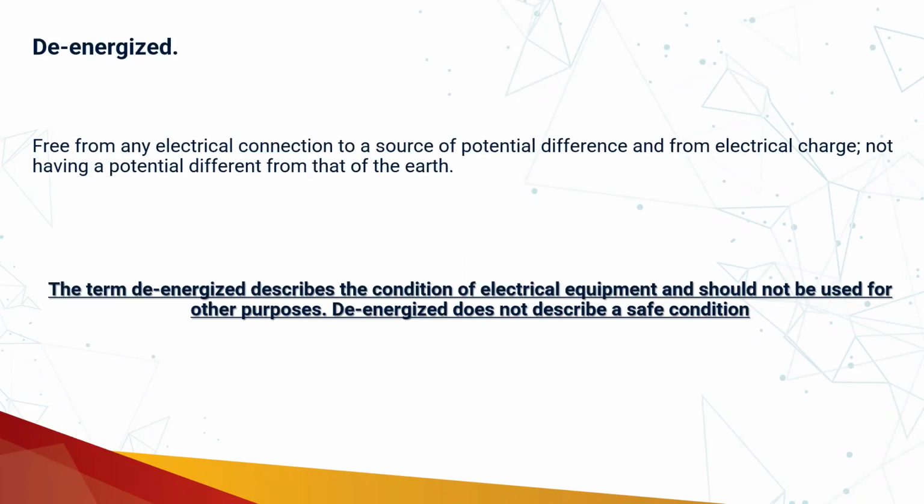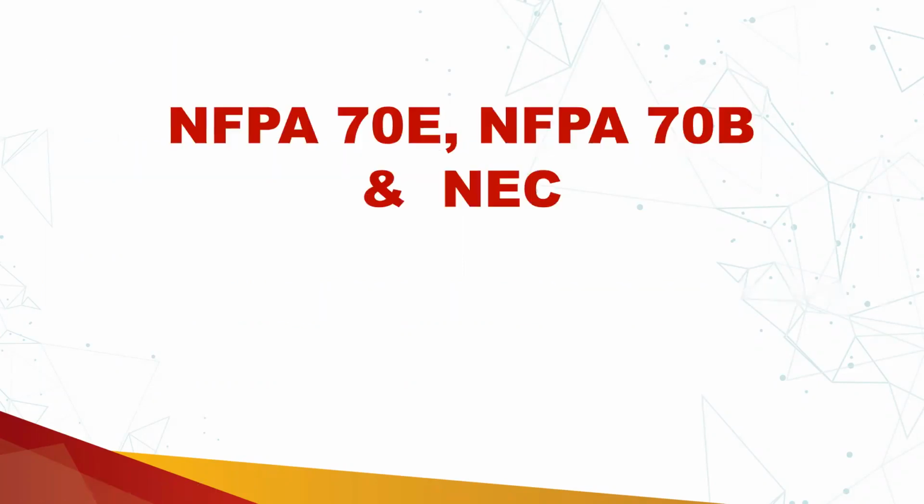In the exam, they might ask that a qualified person has de-energized a circuit or a set of circuits, and now he is wearing the required PPE and going to perform the job. Just remember that de-energization is not equivalent to electrically safe work condition. On de-energized equipment, no unqualified person is allowed to come and perform the job until that equipment has been determined safe to work on.